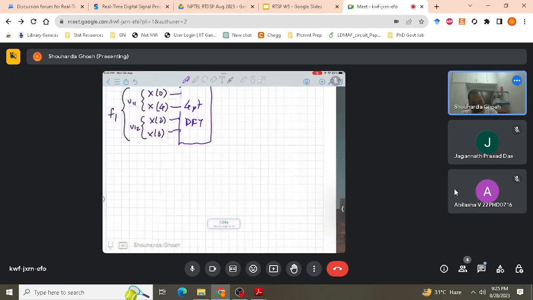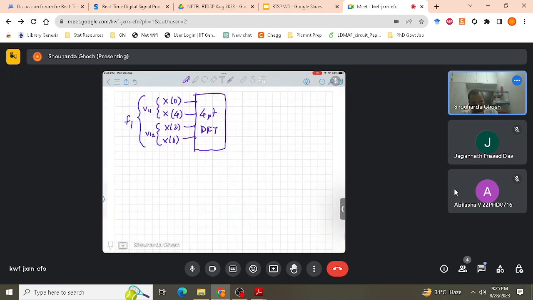Here I have another 4 point DFT block, and the inputs to this are x of 1, x of 5, x of 3 and x of 7.